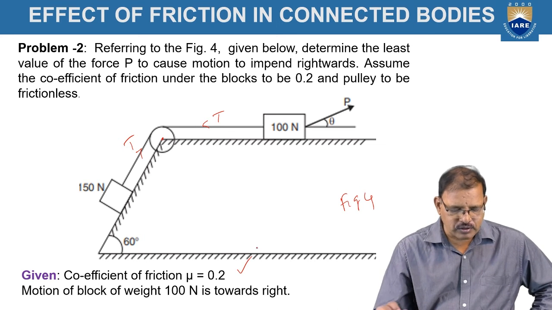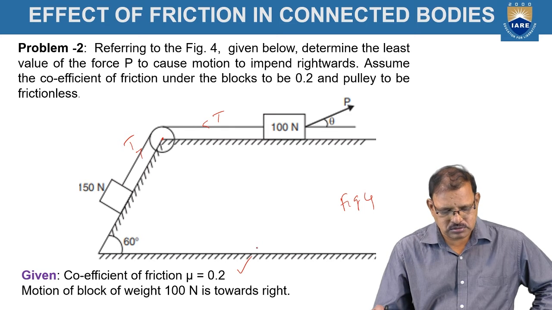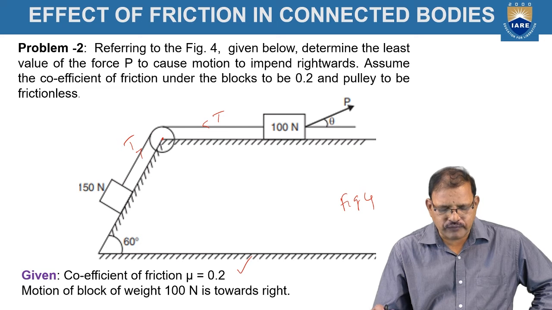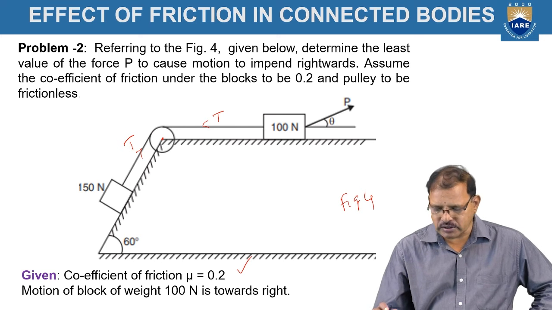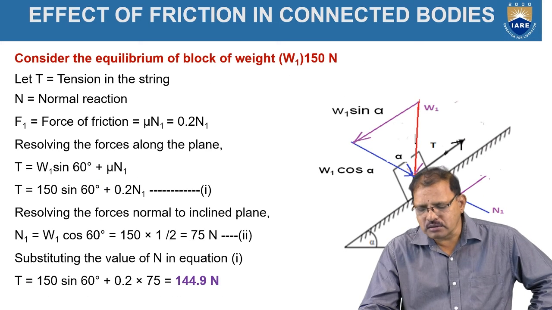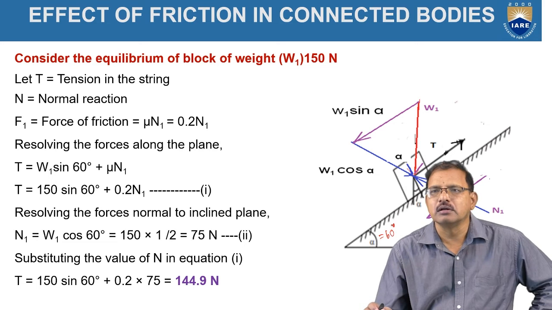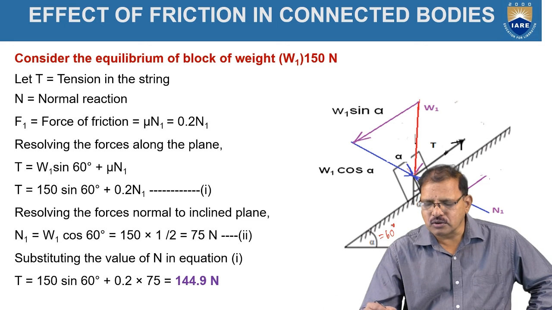It is given as 0.2. Motion of the block of weight 100 newtons is toward the right side and the 150 also toward the right side is given. Now consider the equilibrium of the block W1, 150 newtons, which is making an angle of 60 degrees, as given in the problem. Let T be the tension in the rope.